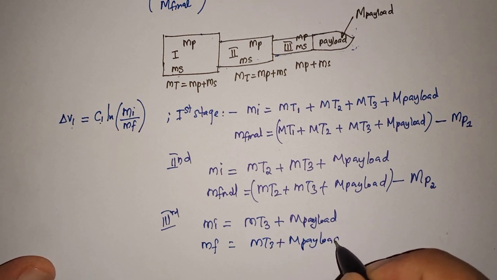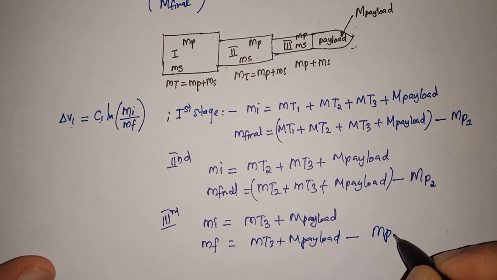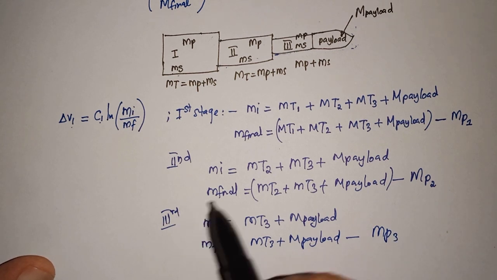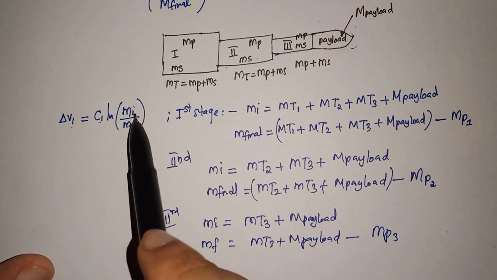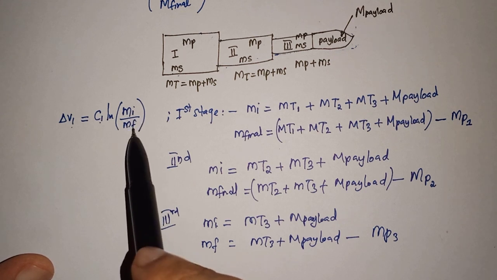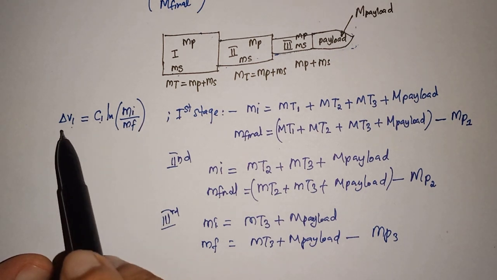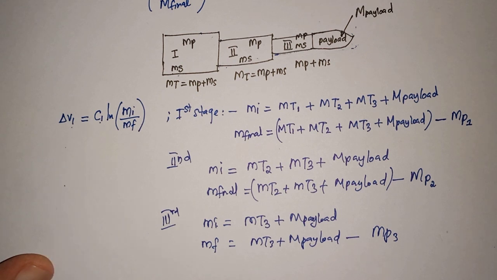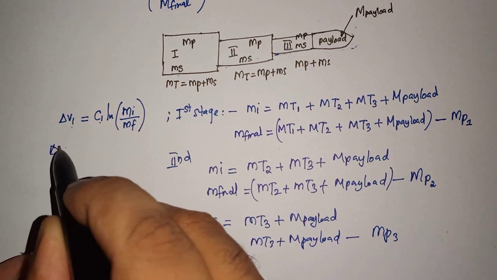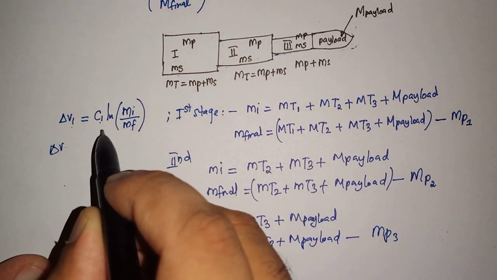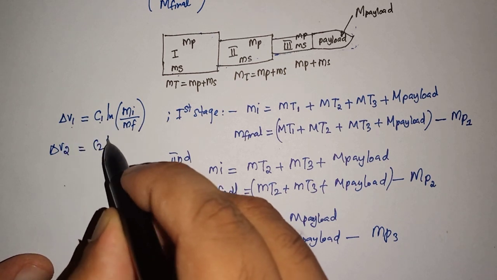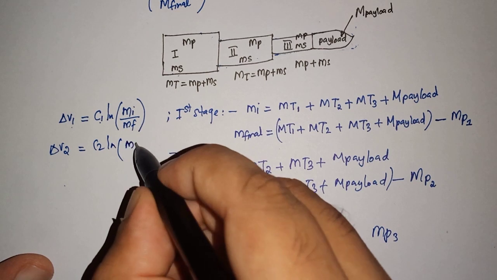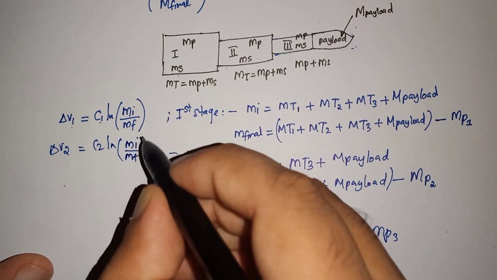Okay. Once you have the initial mass and the final mass, you can easily calculate delta V1, delta V2, and delta V3 accordingly. So delta V1 is going to be C1 into ln of Mi by Mf. Delta V2 is going to be C2 into ln of Mi by Mf for the second stage.